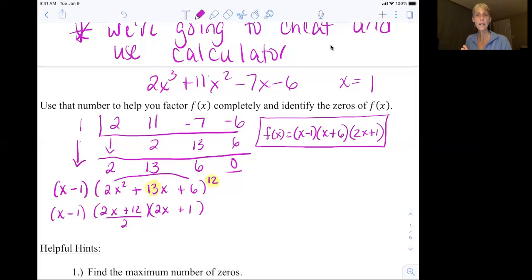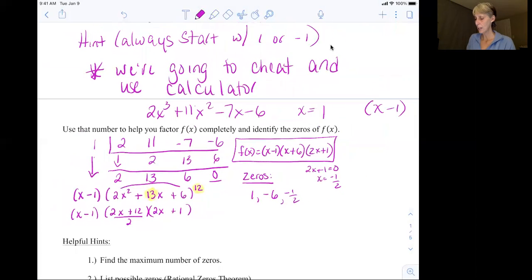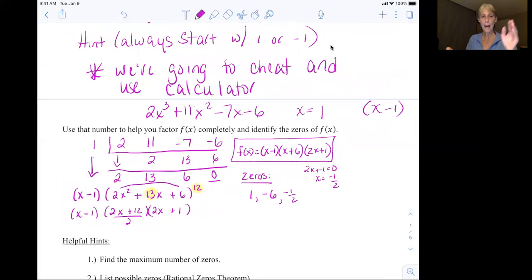It factored quite nicely and easily. My zeros are 1, negative 6, and, if you had to work this out, most of you can see it in your head, negative 1/2. Now let's check back at the beginning: my degree is 3, so I should find 3 zeros. I found 3 zeros. They happen to be all real numbers.